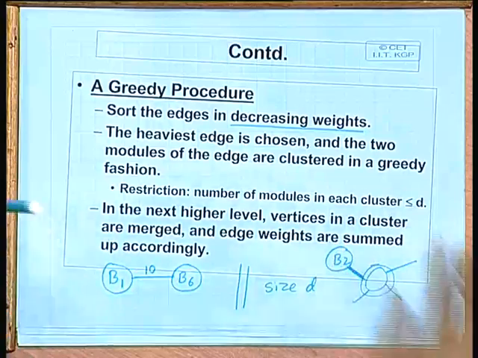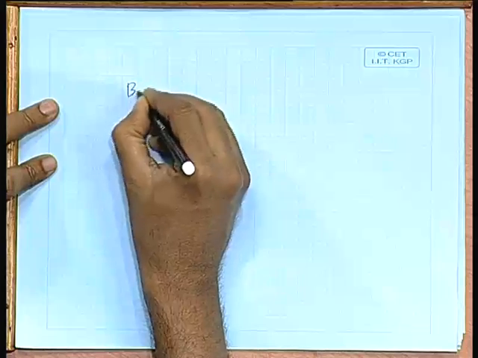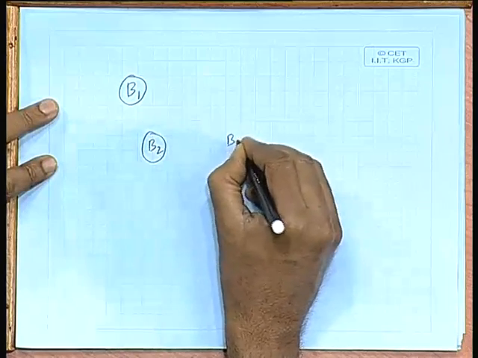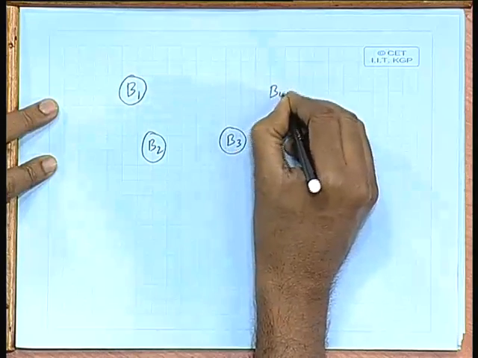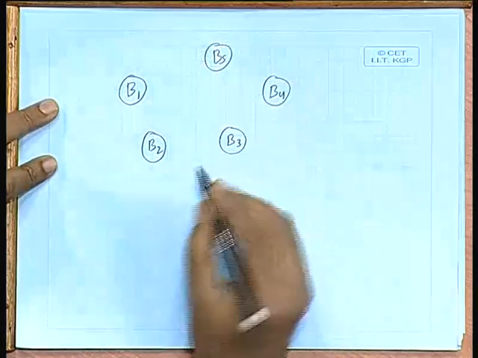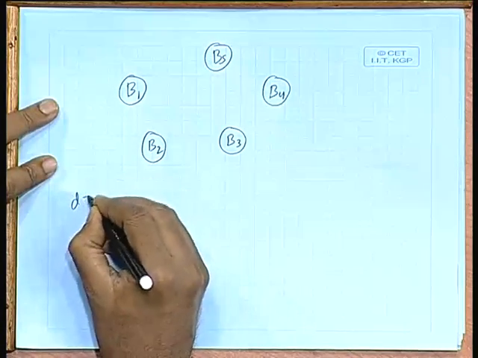Okay. So how will we find B2? We are not finding B2. What we are saying is that suppose you have a graph containing B1, B2, B3, B4 and B5. Say our D is 3, D equal to 3.